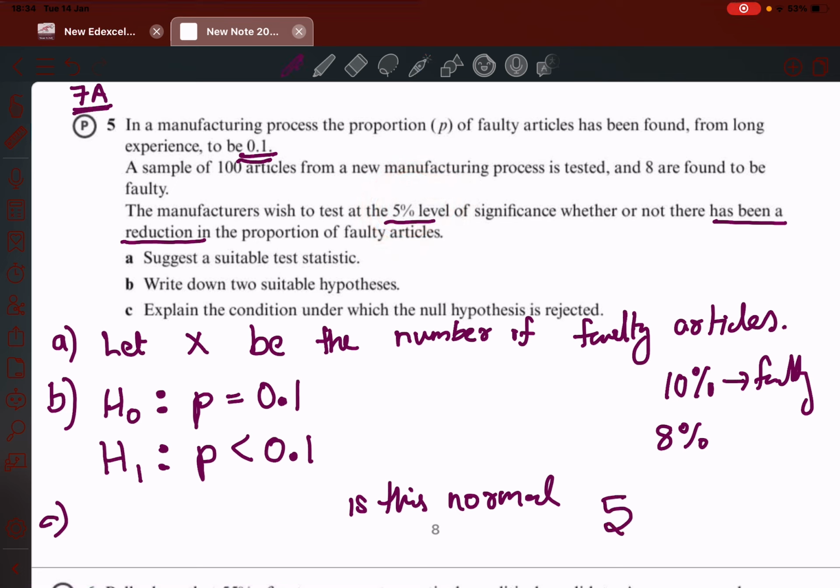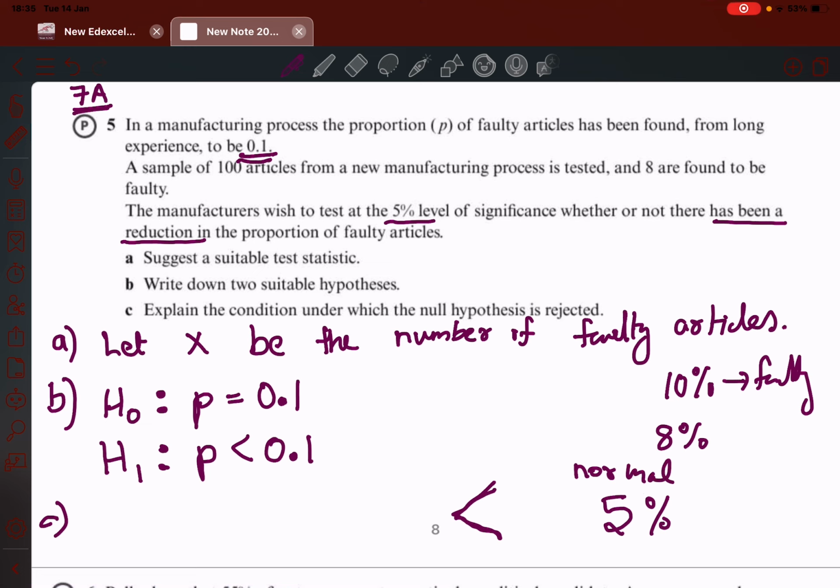So if the chance of something happening is less than the normal, then we can reject the null hypothesis. So if the null hypothesis has to be rejected, then we know that we have to say it is not normal, or the chance of something happening must be less than the normal, which is 5%.